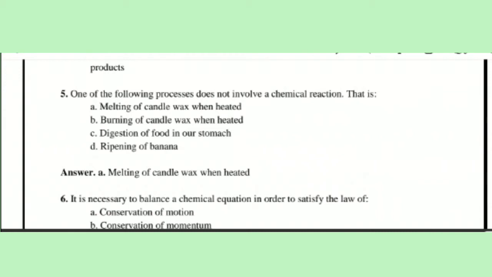Here options are: melting of candle wax when heated, burning of candle wax when heated, digestion of food in our stomach, and ripening of banana. Ripening of banana is also a chemical reaction, because a brownish layer is formed, so there is a reaction on that banana.